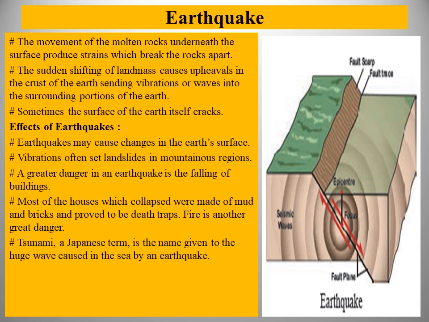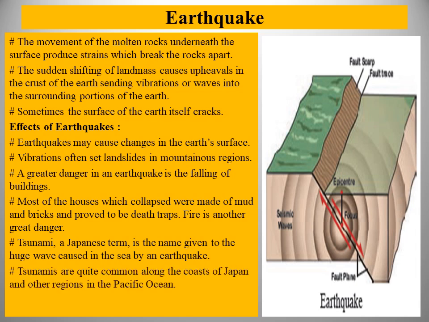An earthquake which originates below or near the sea causes great disturbance in the water, and floods of waves cause great loss of lives, sometimes more than the earthquake itself. The example is the tsunami. Tsunami is a Japanese term, the name given to the huge wave caused in the sea by an earthquake.